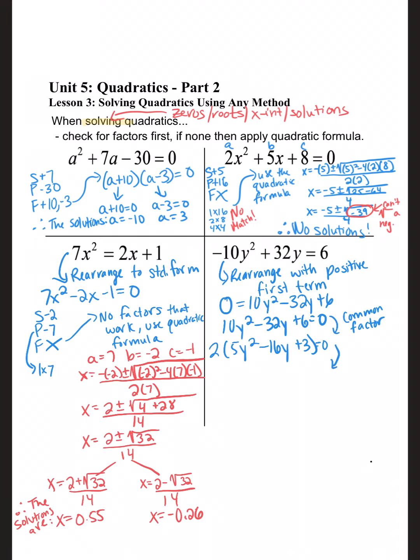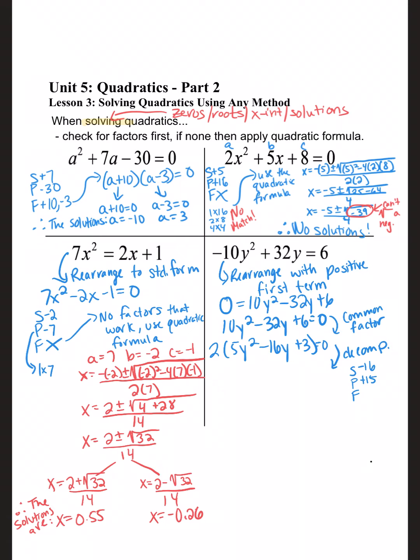Okay, and now we have a complex trinomial, so we'll use decomposition. So if I set up my SPF, I need two numbers that are going to add to a negative 16 but multiply to a positive 15. This is looking more feasible.